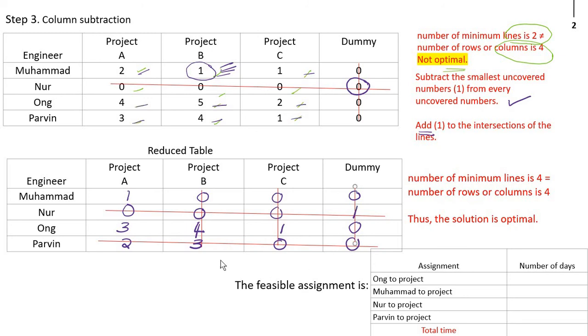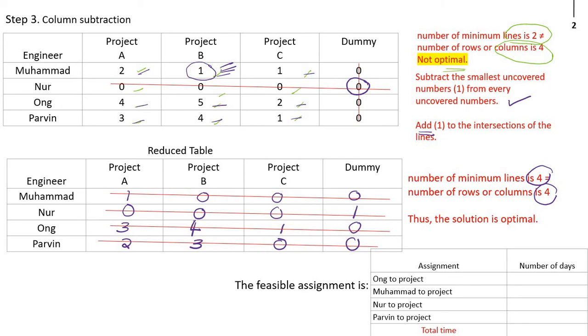Now, if you observe here, I have 5 lines, which is not the optimal line count because we can actually draw 4 lines only. After I draw the lines again, I have 4 lines, which is the minimum number of lines, and 4 is equal to the number of rows or columns, which is also 4. Thus, our solution is optimal.